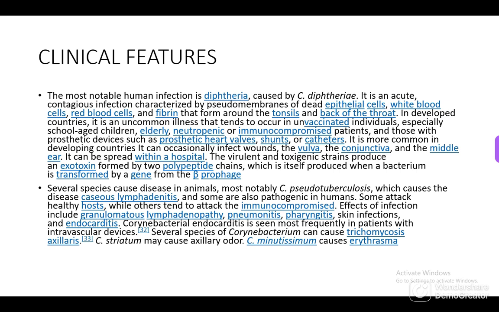Now, some attack healthy hosts, while others tend to attack the immunocompromised. Healthy hosts here means people whose immunity is still lacking, as in children. Effects of the infection include granulomatous lymphadenopathy. It can cause pneumonitis.